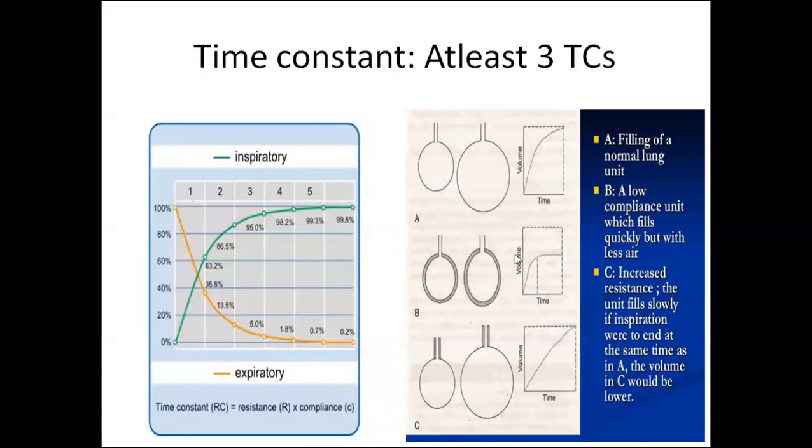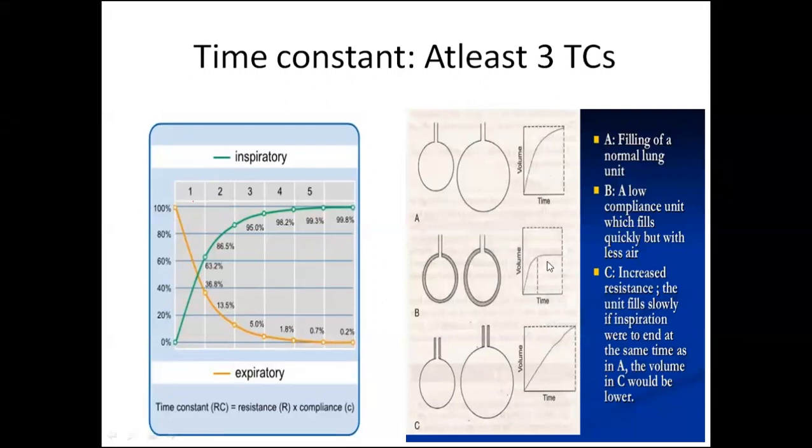And the B curve is where you have a low compliant unit. Low compliant unit is an airway problem. So in this problem, the time constants are less. It can quickly fill, it can quickly let out the air. But if you give the same pressure, the total volume going into the lung will be less. You can see the difference here.